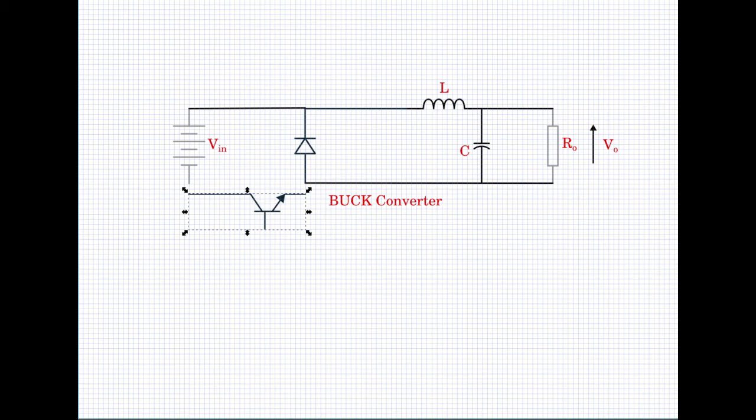Let me reverse this in such a way that it is compatible for the return path. See, the current flows in this direction and returns back in this direction. So the transistor is now made correct for the flow of the current.